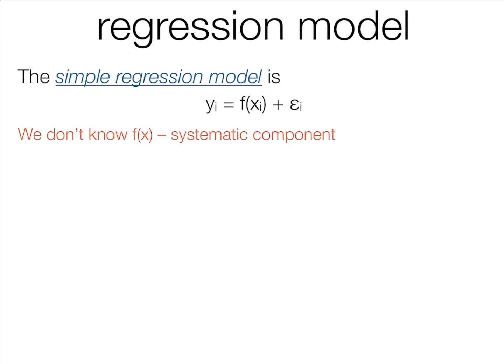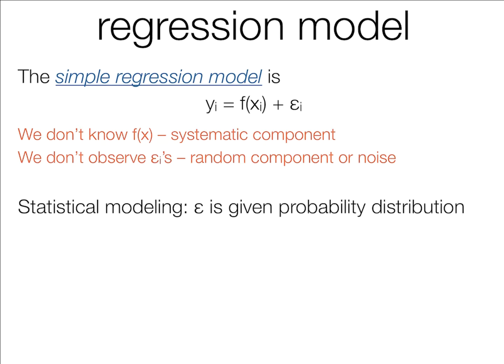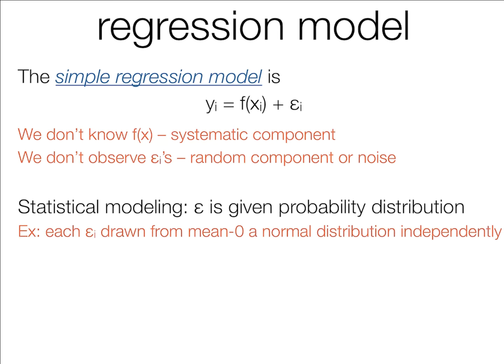Now in this setting, we don't know f of x, but we refer to it as the systematic component. We also don't know the epsilon i's. Those are usually referred to as the random component or the noise in a particular model. In statistical modeling, epsilon is given some probability distribution, and the epsilon i's are assumed to be independent draws from that distribution. For example, in the ordinary linear regression model, each epsilon i is drawn from a mean zero normal distribution independently of one another.